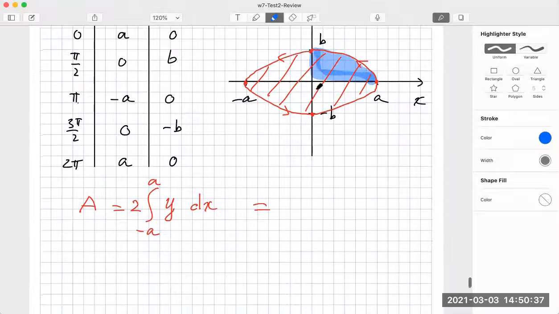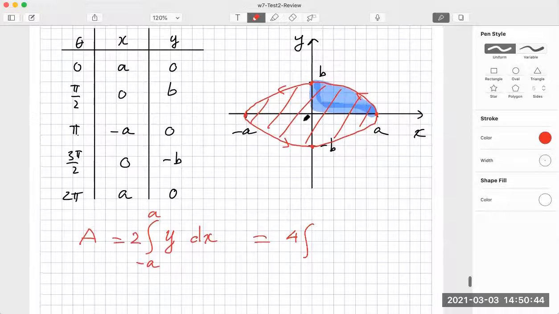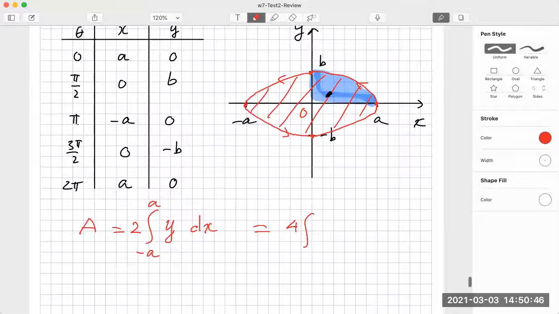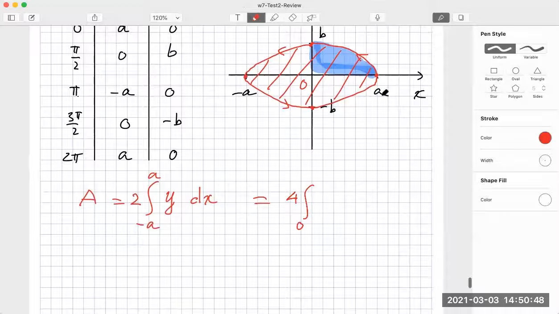Then the area of this ellipse will be 4 times the integral from 0 to a of the curve y dx here. There are 2 ways to do it, so we can do either way. Let us pick this one to compute because it seems to be easier.